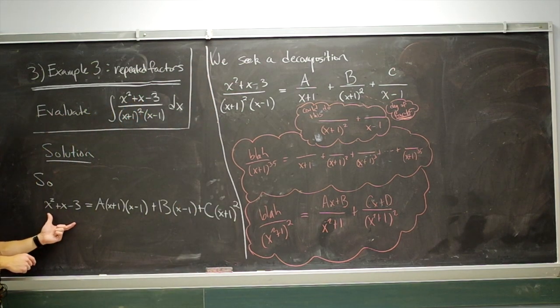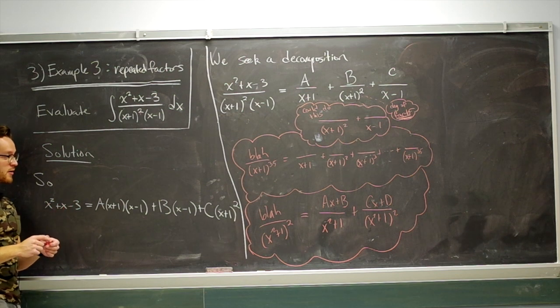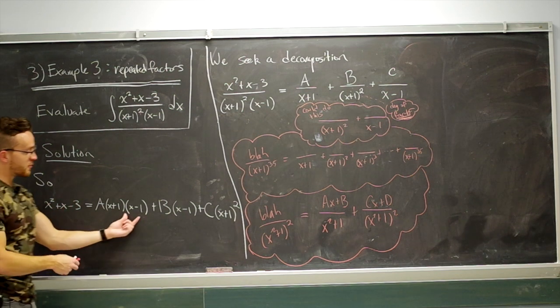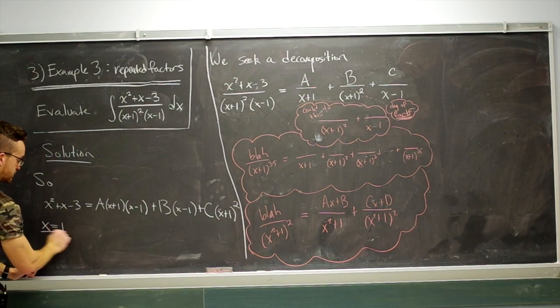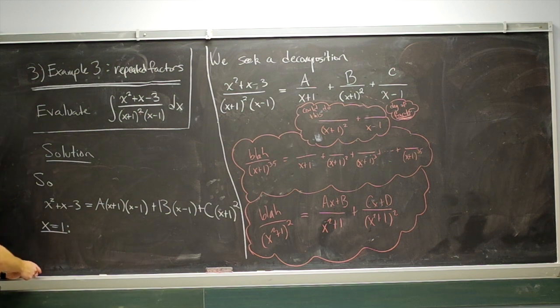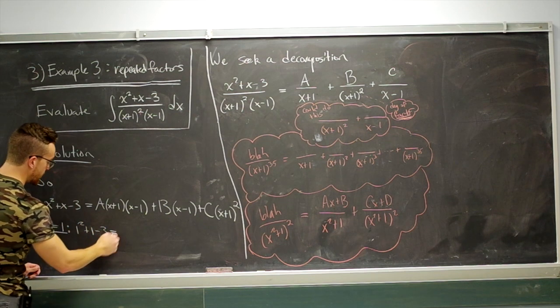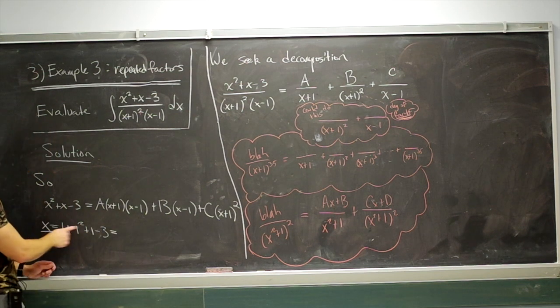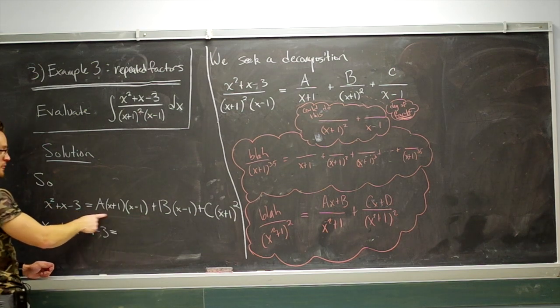As before, we have a bunch of linear factors here, so the best start is to plug in the roots of those factors. One of the factors is x minus 1, so we could start by plugging in, say, x equals 1. This is going to generate the equation 1 squared plus 1 minus 3 equals, when we plug in 1, this is 0, so this whole term is 0.